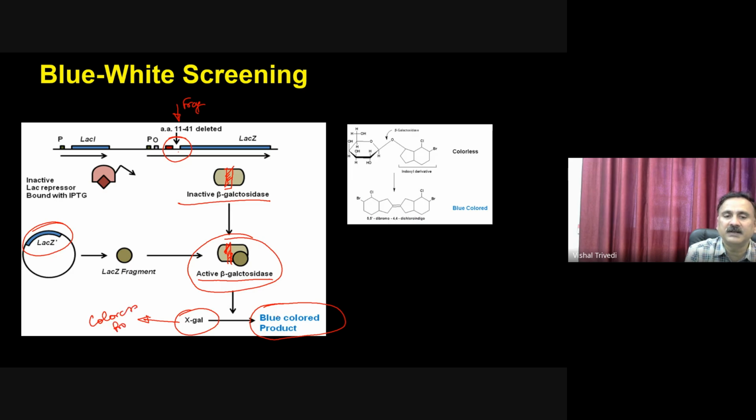Which means X-gal will remain unprocessed, and because of that, it will give you the white colony. So if the enzyme is active, it will give you a blue colony. If it is inactive, it is going to give you the white colony.